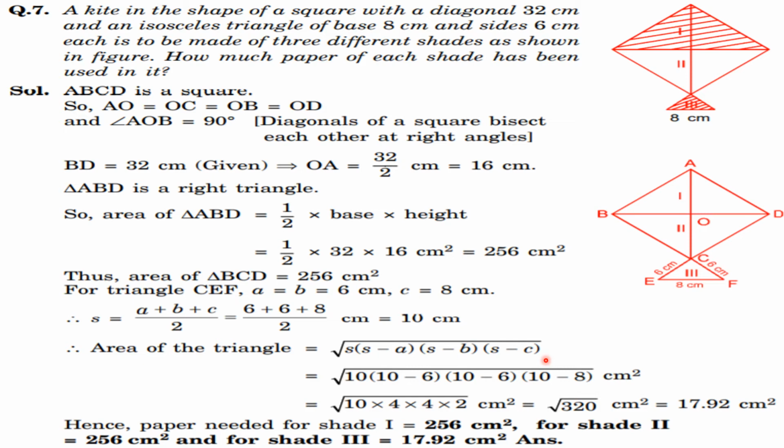In this step, we substitute the values of S, A, B and C. What is the value of S here? 10 into, the second factor is S minus A, so 10 minus 6, into S minus B, so 10 minus 6. Next, fourth factor, S minus C, that is 10 minus 8 centimeter square.